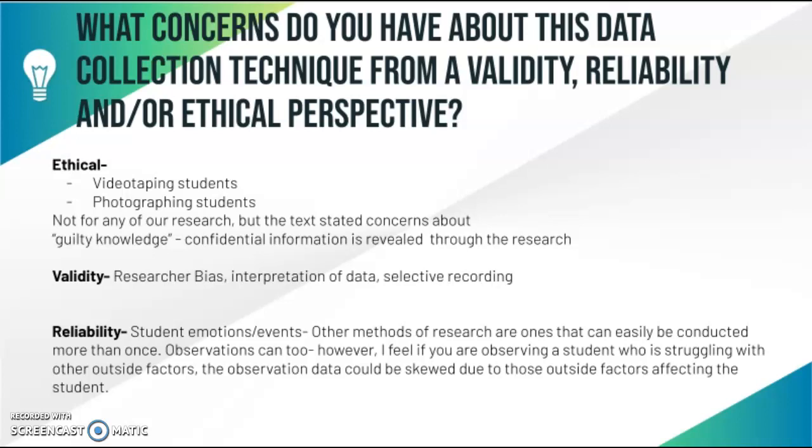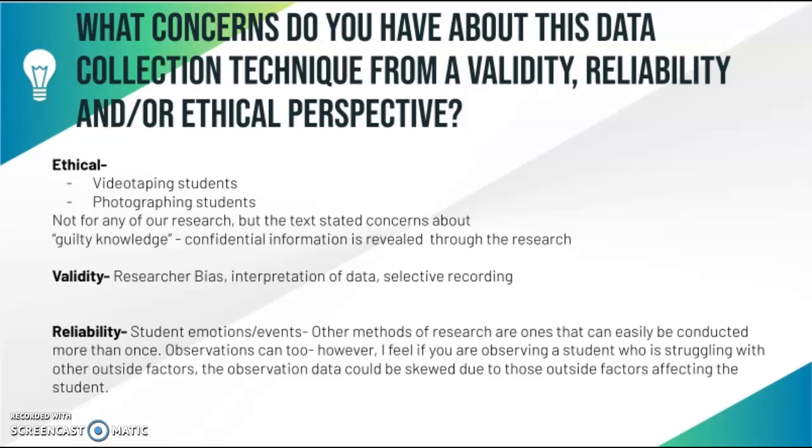And then reliability. For observation, my biggest concern would be students' emotions, if you're looking at participation, engagement, or even student behavior. Students come to school with different emotions or different events that happened.